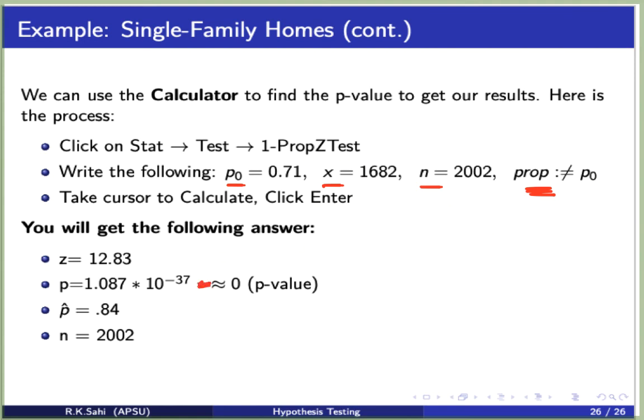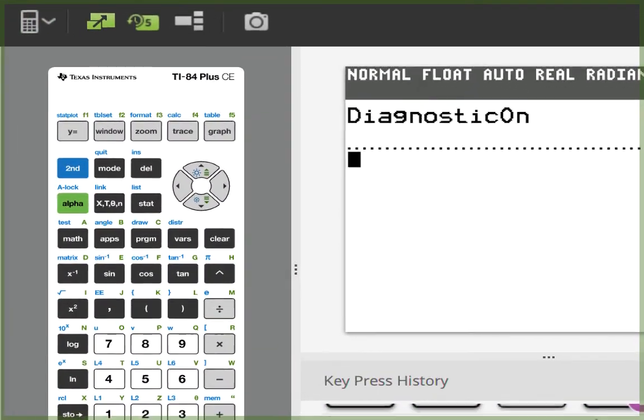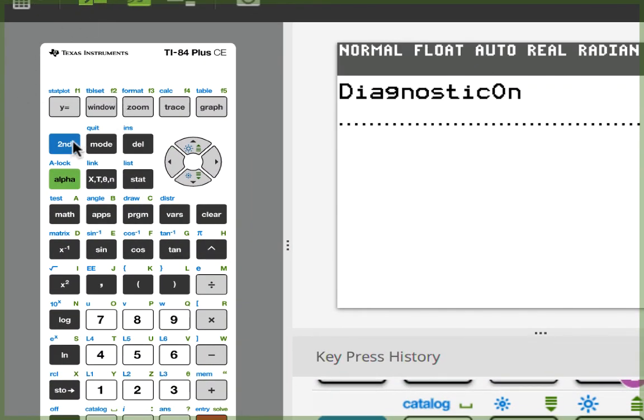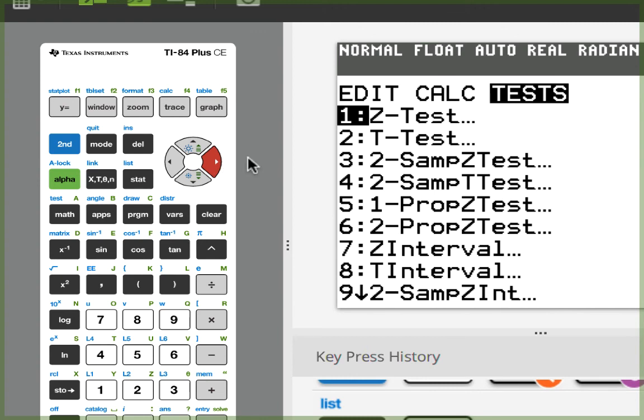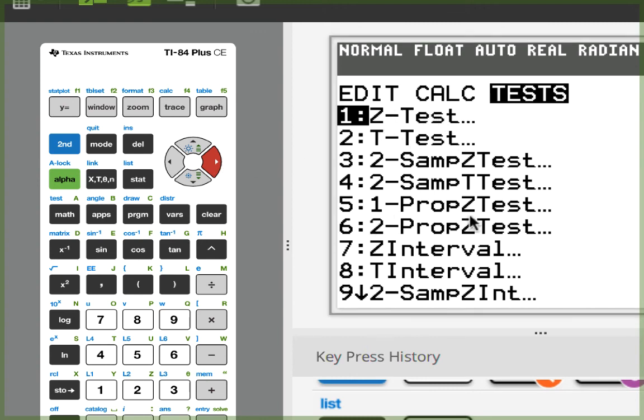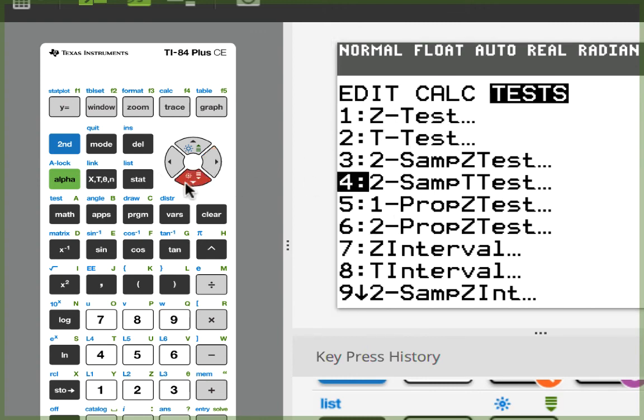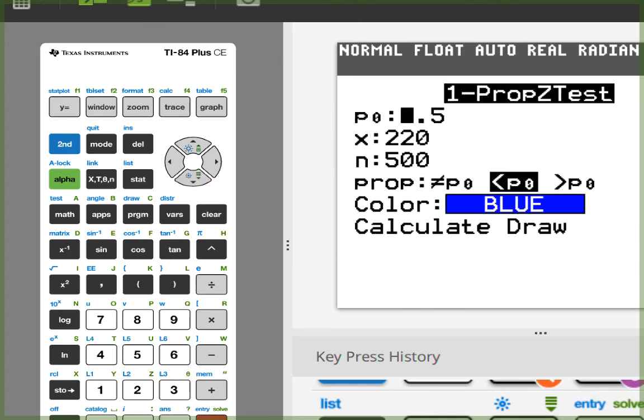Okay, let me show you this over here. In your calculators, go ahead to stat, take the cursor to test. Now you're going to do the 1-proportion z test, enter.